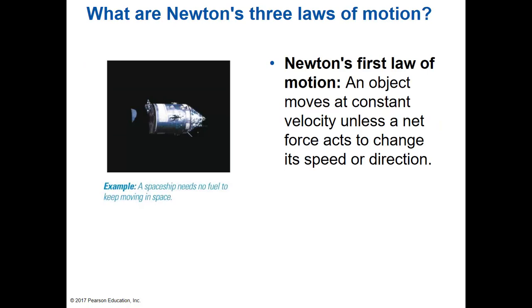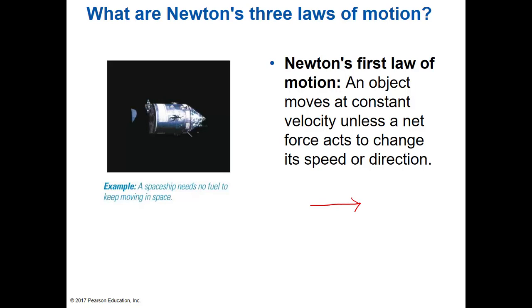We'll talk about Newton's first law of motion now. It's a pretty straightforward law of motion. If an object is moving in a straight line with a constant velocity, it will keep moving in a straight line with the same velocity until some force acts on it to stop it.